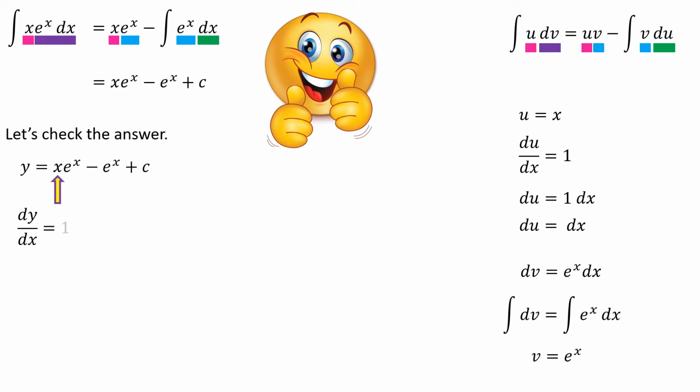Derivative of x, of course, is 1 times, leave the second part alone, leave the e to the x alone, plus, now this time I'll leave the first part alone, so that's x, times, now I gotta take the derivative of the second part. The derivative of e to the x is e to the x. I see a subtraction symbol, so I better keep the subtraction symbol.